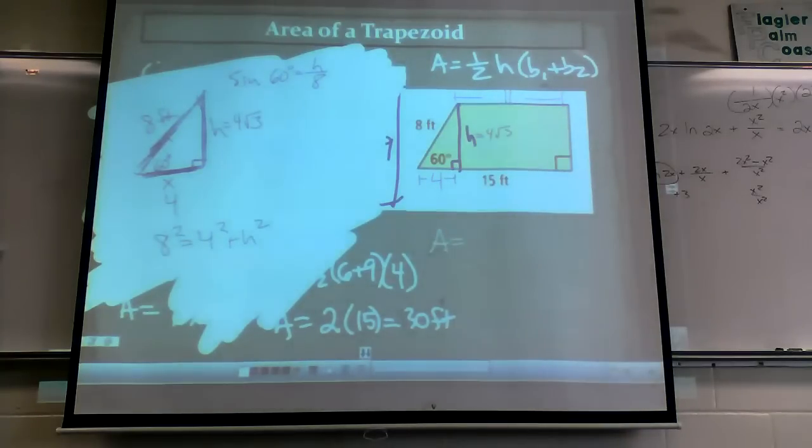So here I have area is 1/2 the height times 11 plus 15. Right? That's base plus base. Which comes down to 2 square root of 3 times 26. 26 times 2 is 52. So 52 square root of 3 squared.